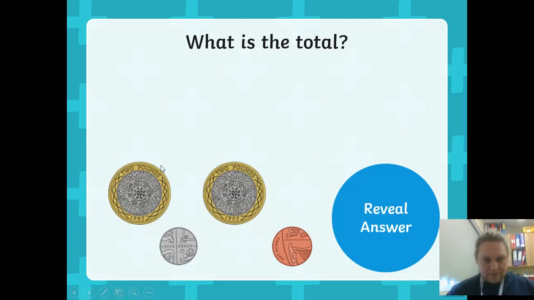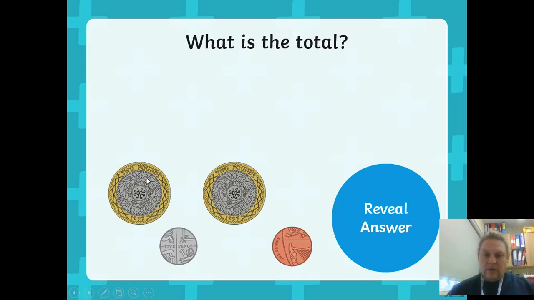This time we've got £2 and £2. So £2 and £2 is just like if we're adding 2 and 2. 2 and 2 is 4. So £4 this time. Just think to yourself, how many pence would there be in £4?